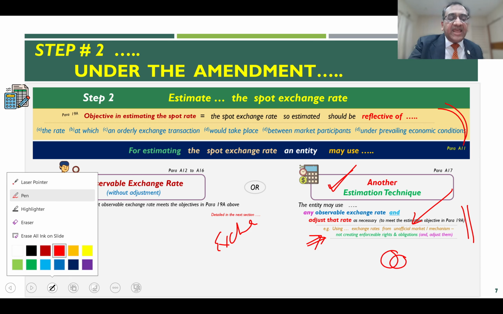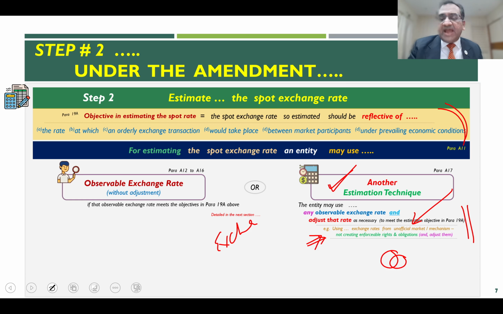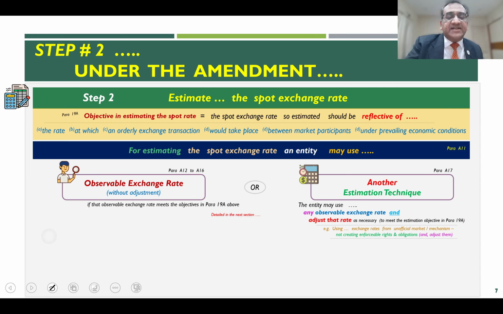But here, in this particular case, look at what the standard tells you: when you are estimating the spot exchange rate, you may even rope in and use the exchange rate in the unofficial market. But careful, you can't just take the rate which is there in the black market or the parallel market or the unofficial market.